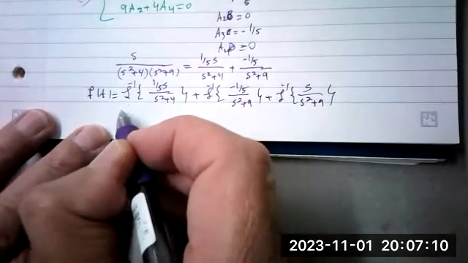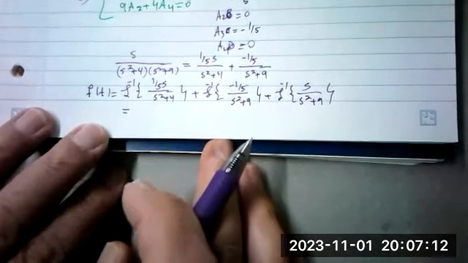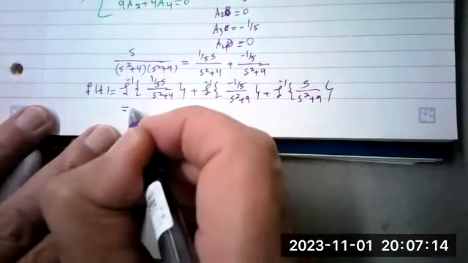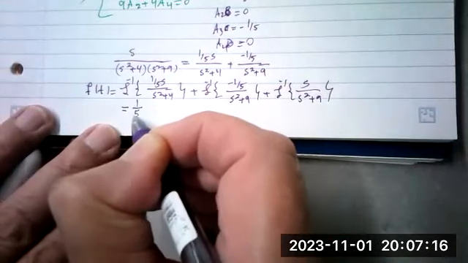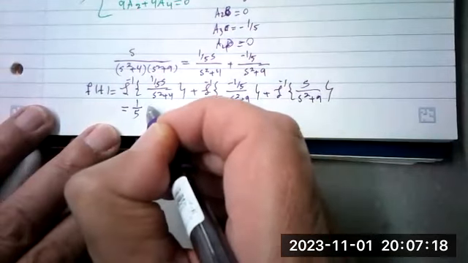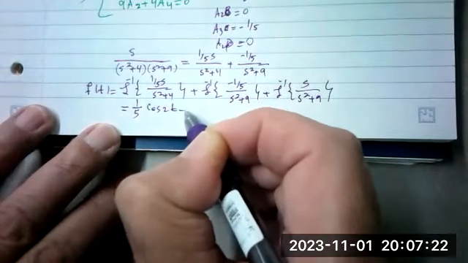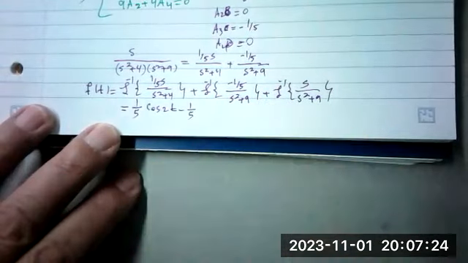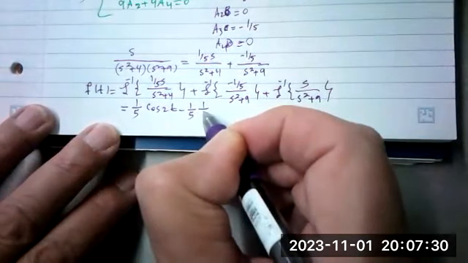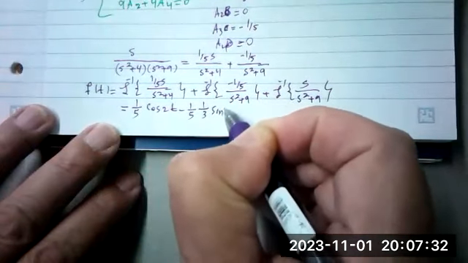All of them are the famous functions. The first one would be 1/5 cosine of 2t. The second one is negative 1/5. What do you need? You need a 3. So it's going to be 1/3 sine of 3t.